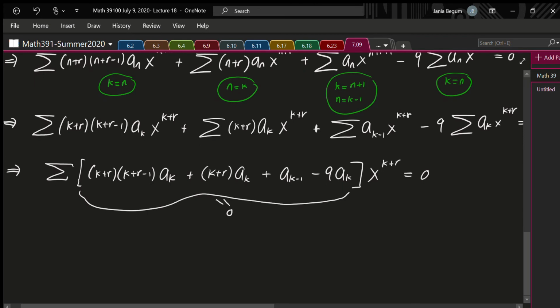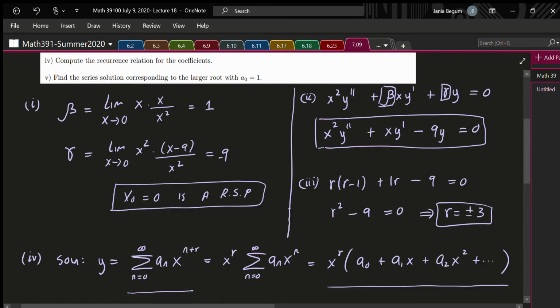So we have a sub k is equal to, so I'm going to move a sub k minus 1 to the other side, that would be negative a sub k minus 1, everything over k plus r times k plus r minus 1, plus k plus r, and then minus 9. So that becomes the recurrence relation. We're going to simplify this when we plug in r.